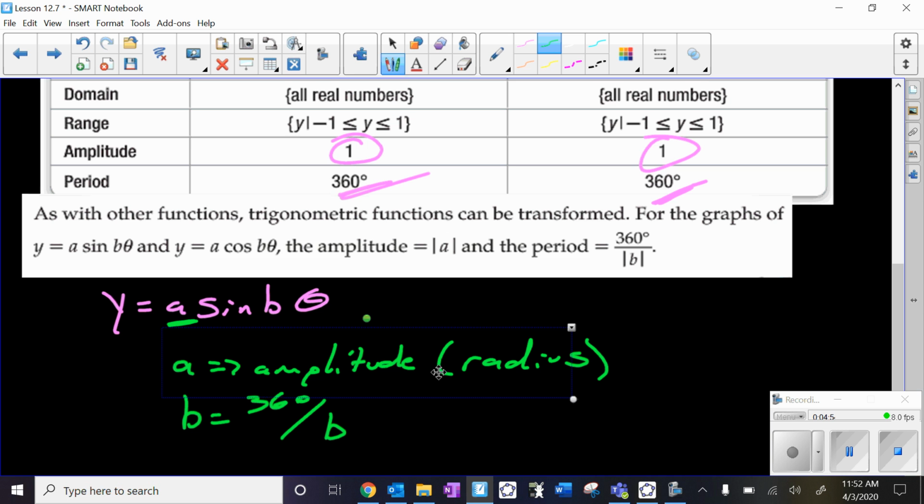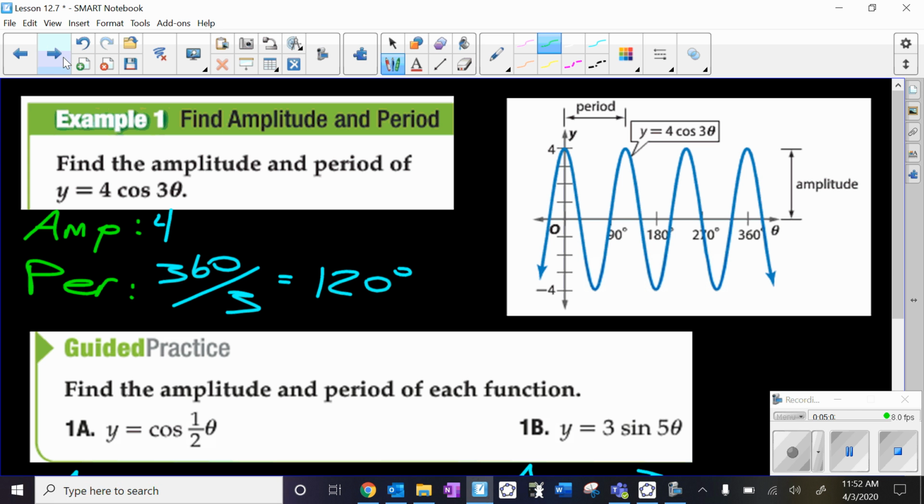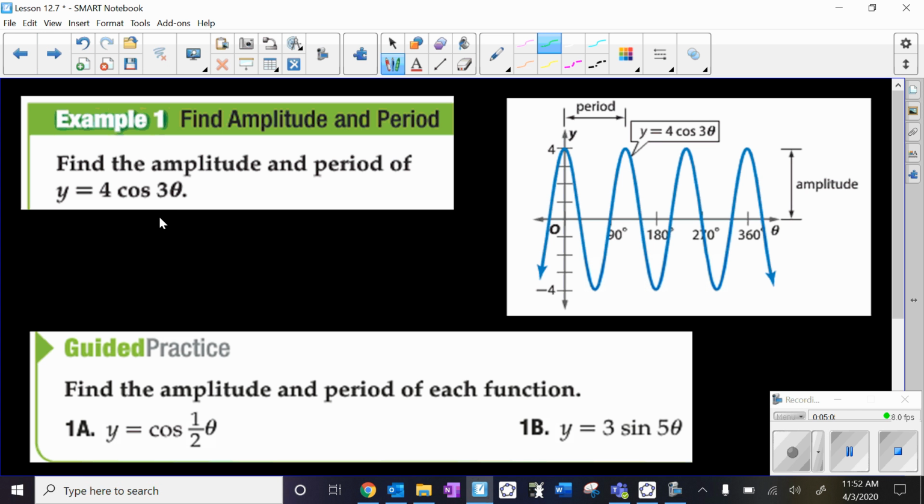Okay, so in example 1, all I'm going to ask you to do is come up with what's the amplitude and what is the period of the function. Looking at this example right here, find the amplitude and the period.